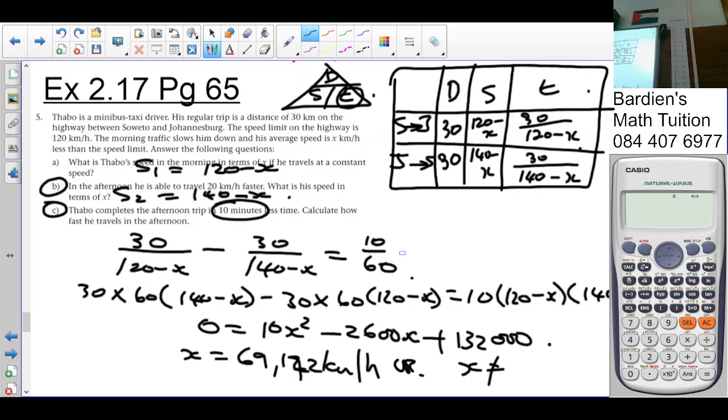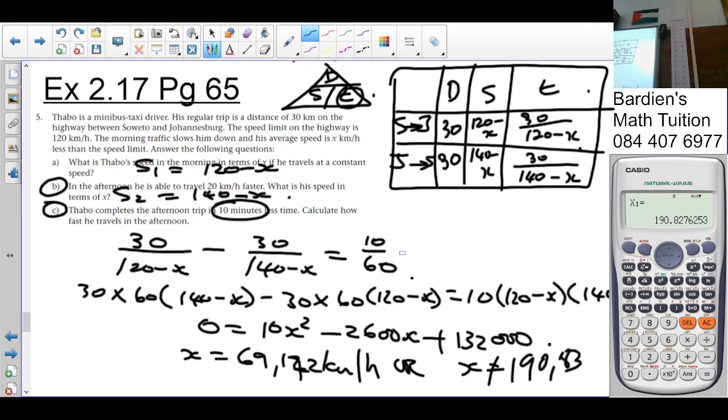That one doesn't work, because X is the speed below the speed limit.